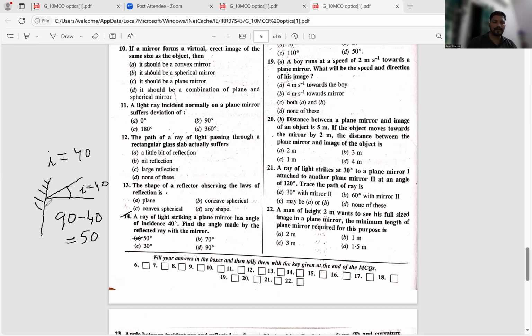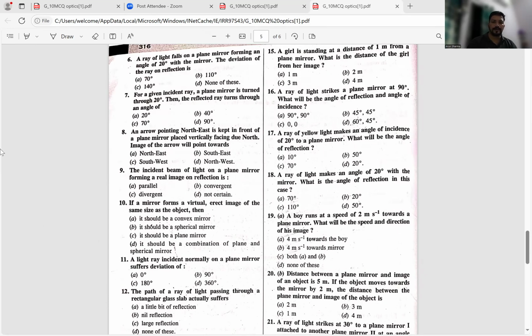After that, we move on to question number 15. So read the question. A girl is standing at a distance of 1 meter from the plane mirror. What is the distance of the girl from her image? Very easy question.